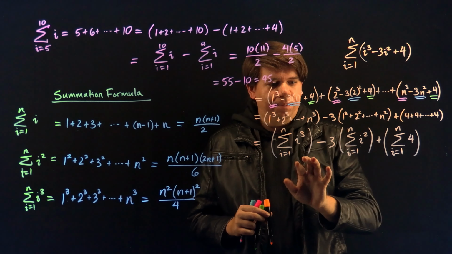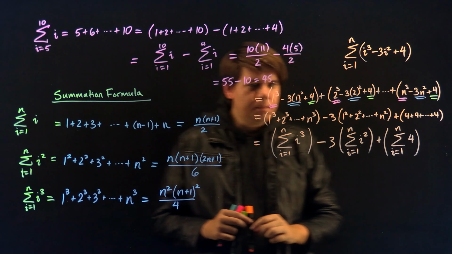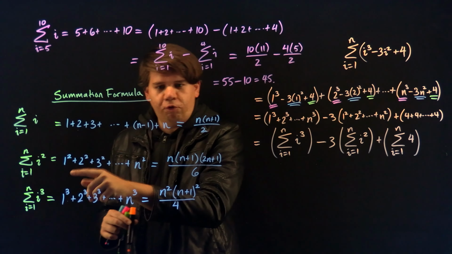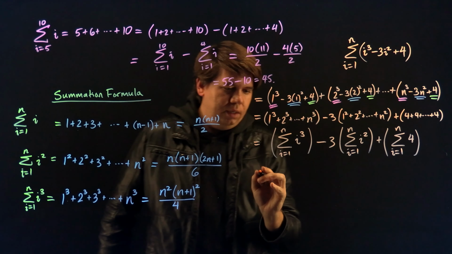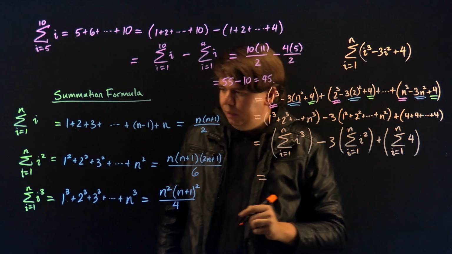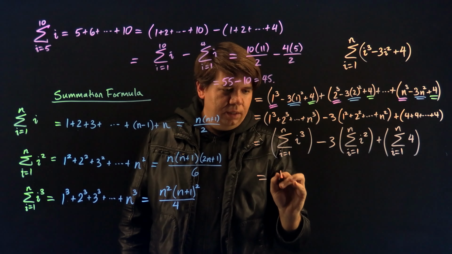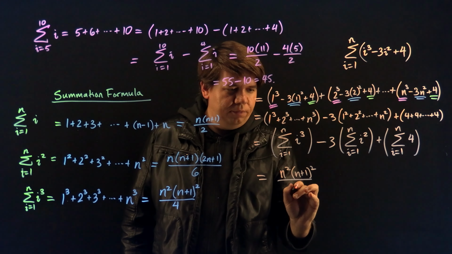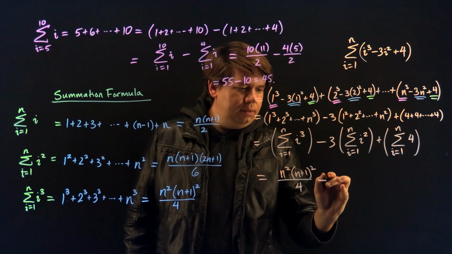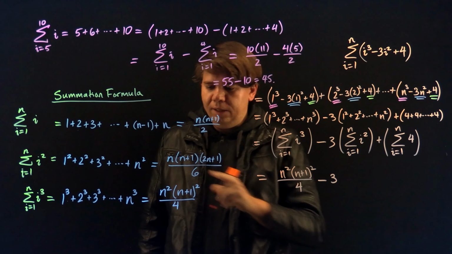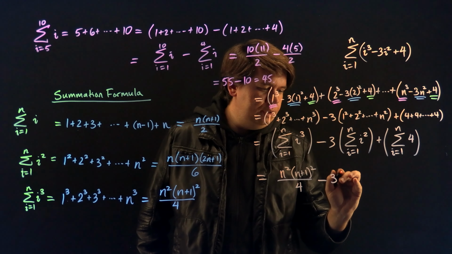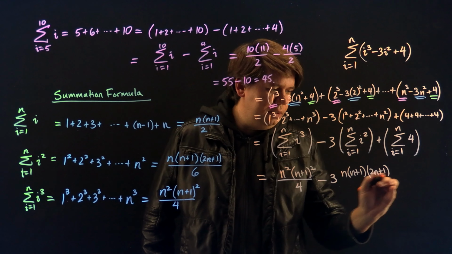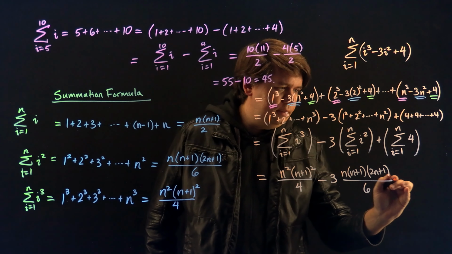When we break this up in this way, we now have pieces that we have formulas for. The i cubed formula is just n squared times n plus 1 squared divided by 4, minus 3 times the i squared formula, which is n times n plus 1 times 2n plus 1 all over 6.